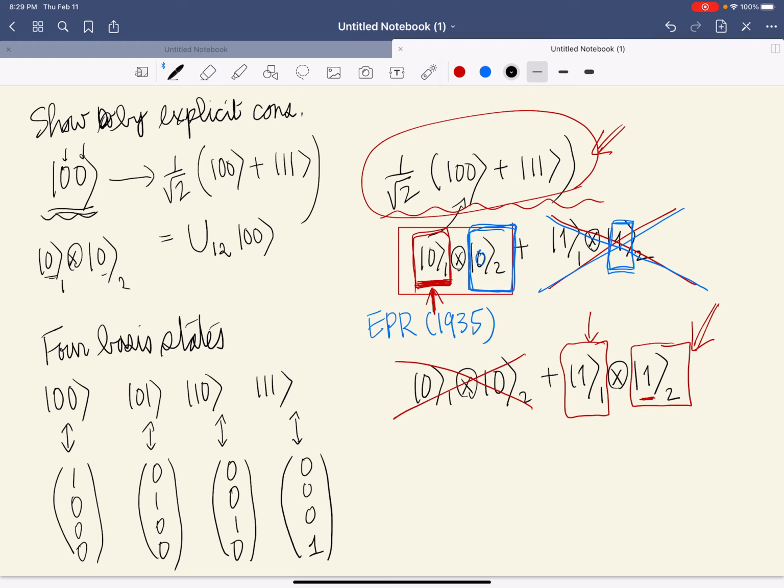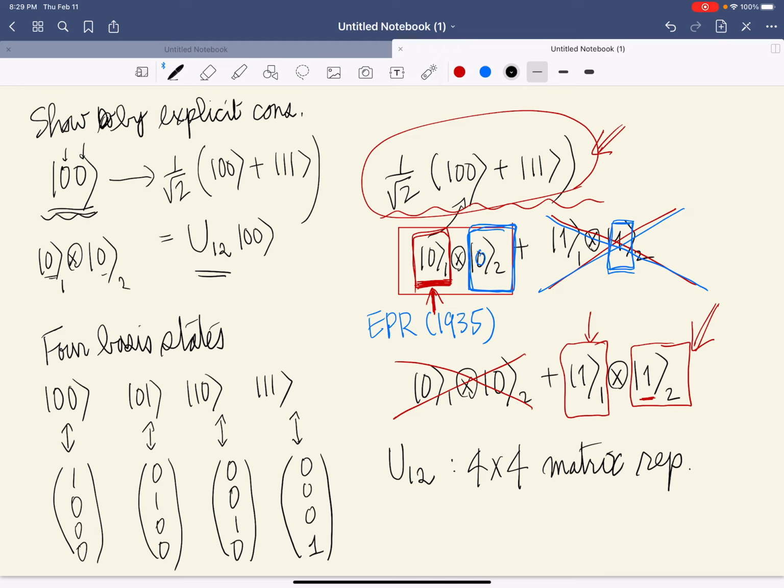Okay, so under this representation of the quantum state using linear algebra, the unitary operation that we're looking for will now have a 4x4 matrix representation.